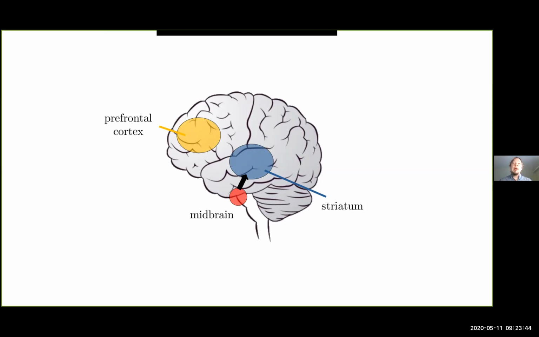There is plenty of evidence that this sort of interaction between the midbrain and the striatum using dopamine does implement something very similar to model-free reinforcement learning. So the striatum represents states and actions, and there are connections between these states and actions, and the dopamine released in the midbrain strengthens these connections when learning happens.